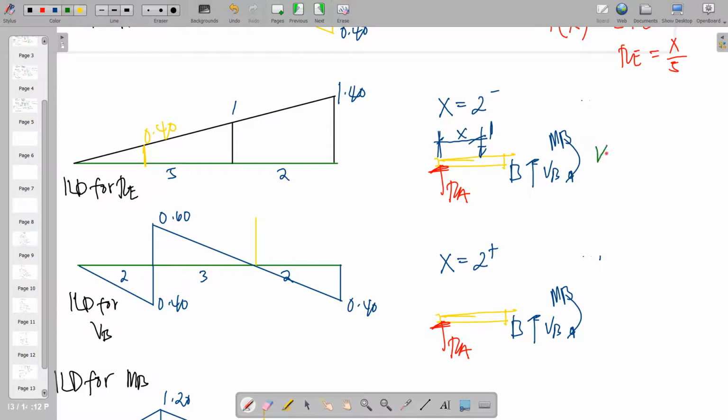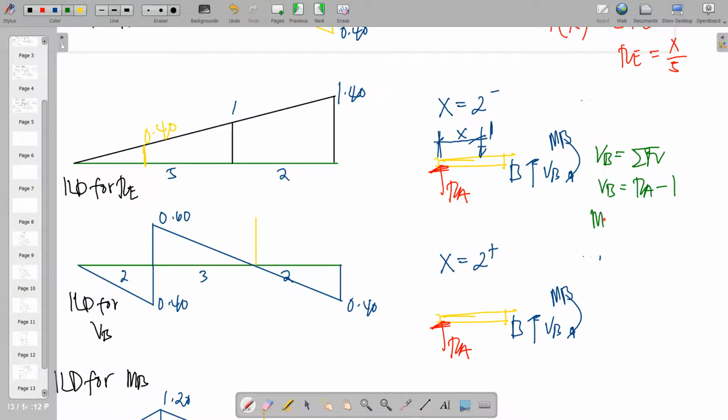Say we have VB simply equal to summation forces vertical. So VB is going upwards RA, that is positive, minus 1. So the unit load still there. So we reflect that one.